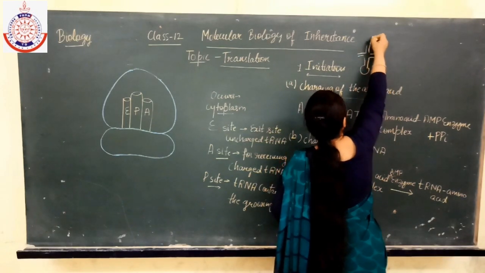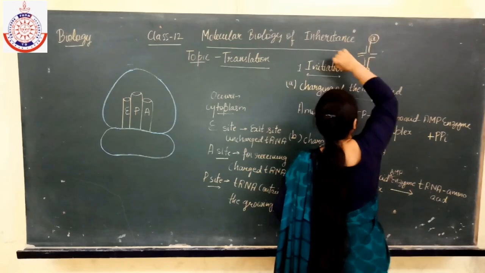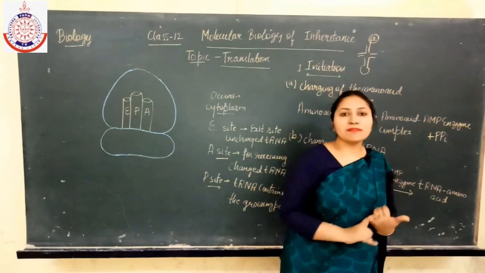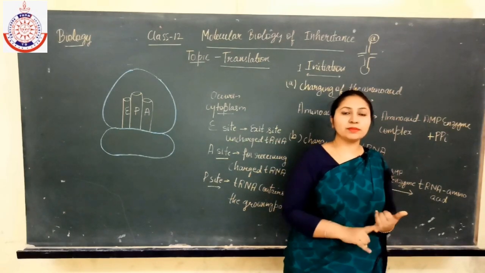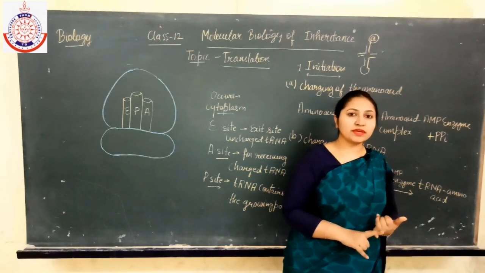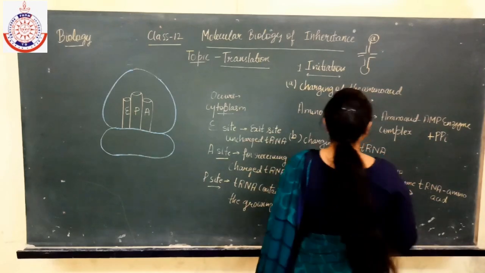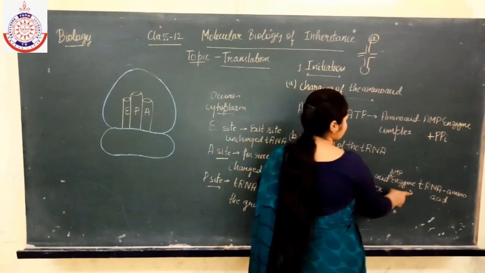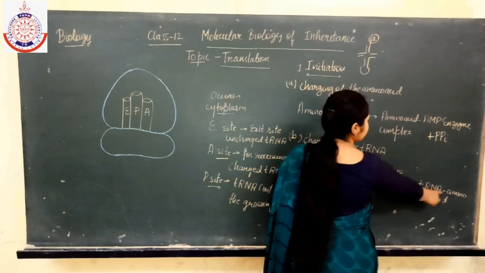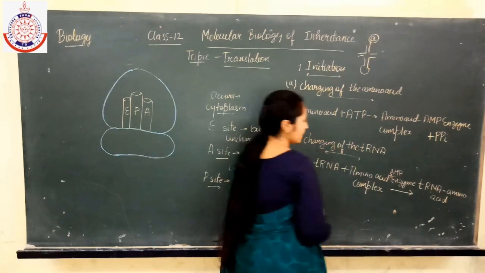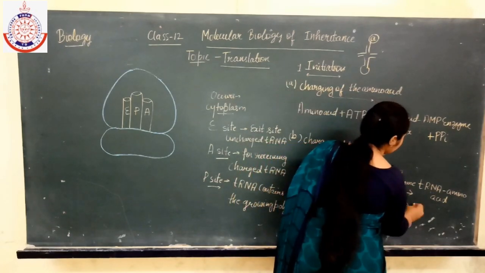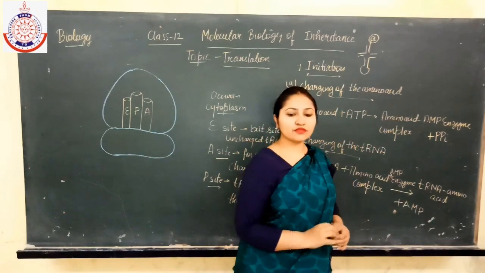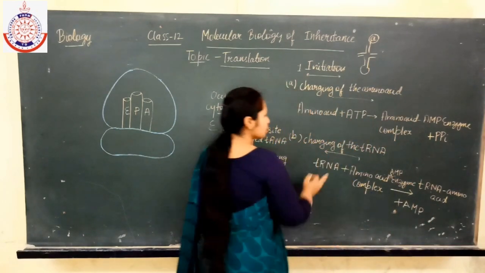Here the amino acid binding site is present, and this is the structure of the tRNA molecule. So when the tRNA binds with the amino acid, it becomes the charged tRNA. So tRNA plus amino acid AMP enzyme will be converted into tRNA amino acid, and the AMP will be released. Okay. So now what will happen?